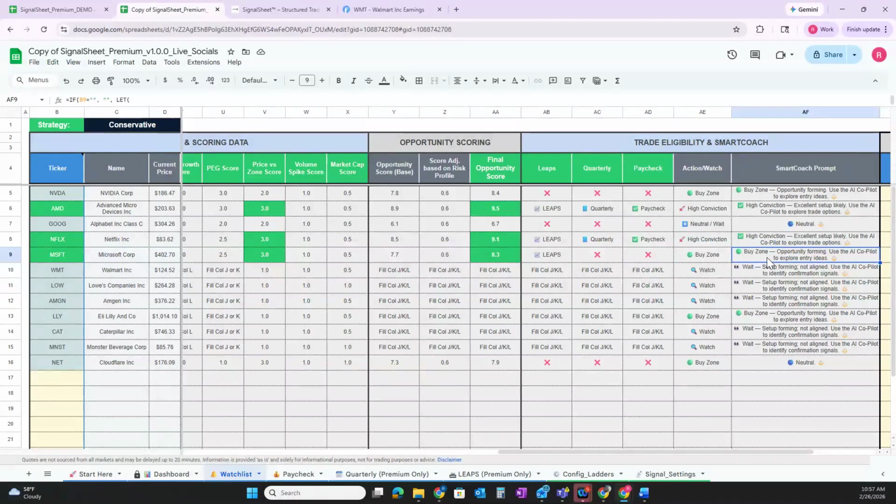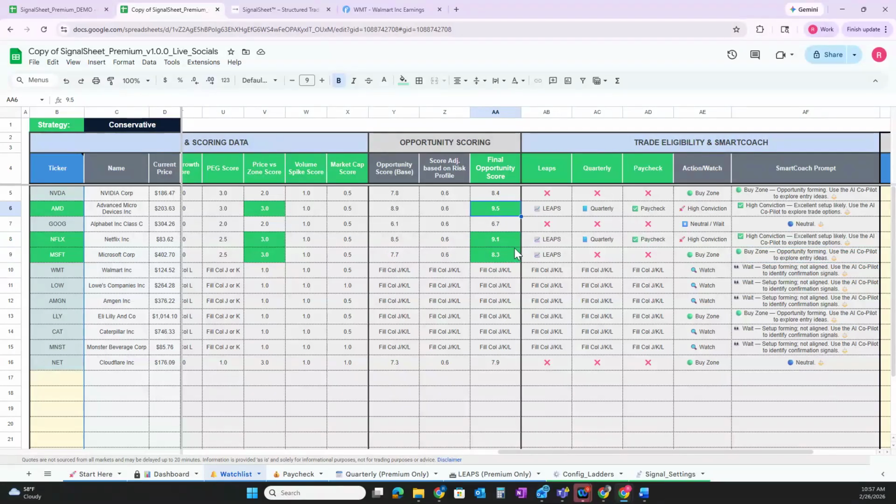And we give you a Smart Coach update that says the opportunity is forming, but use your AI copilot to explore entry ideas, right? I'll talk in another video about the AI copilot, which we call Smart Coach, which is also available when you purchase SignalSheet. But then you have one like this on Netflix, where the scores are 9.1, or on AMD where the scores are 9.5.